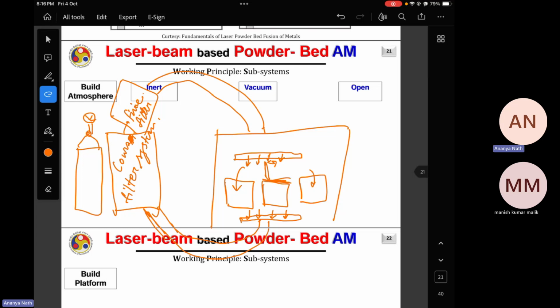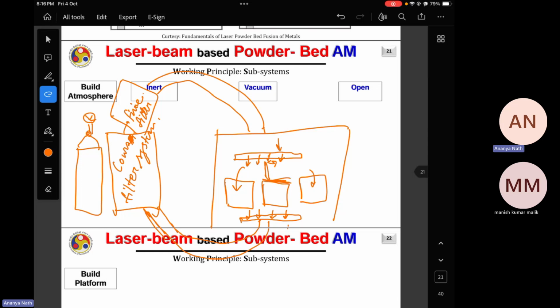Maybe 3 days of printing will now take 3 bottles of argon. But previously, if you did not have this type of filter system, each time you would have to flow in new argon and flow out the dirty argon gas mixed with the fumes, and you don't have anything to reuse. So that's why PBF systems use a filter system, which is useful to reuse the argon and filter out the fumes, powder particles, dirt, and burnt particles.